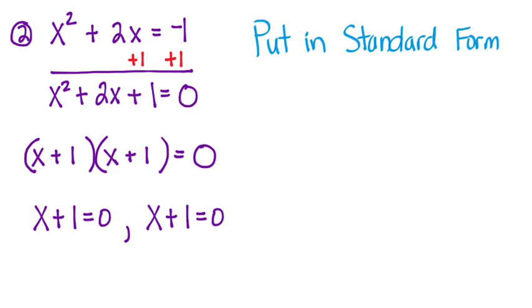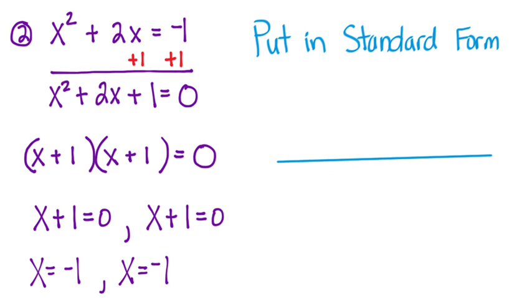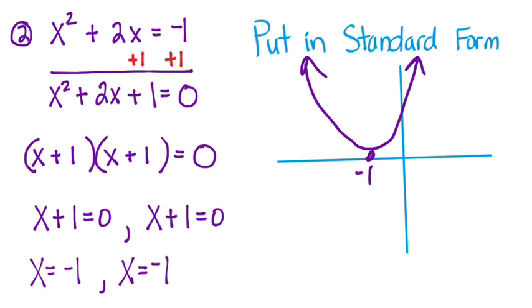And now I solve when they equal 0. So I'm going to get x is -1 and -1. Well, what does that mean? Well, it more than likely means that when we go to graph it, the -1 is more than likely the vertex, right?